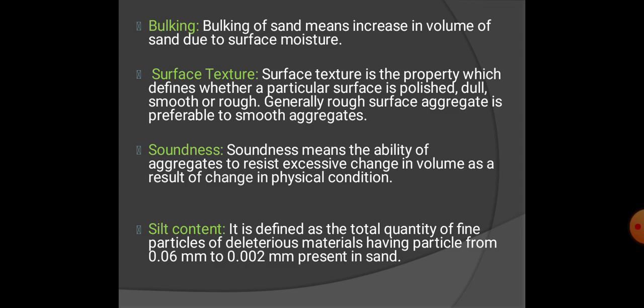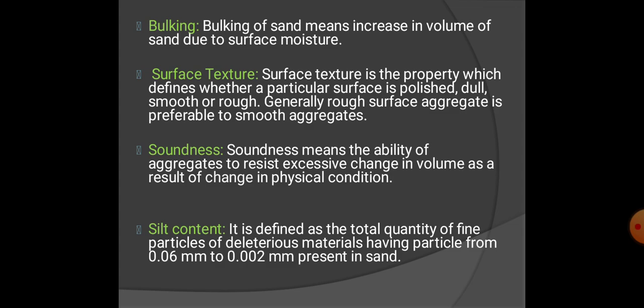The concrete mix design may go wrong, so sufficient extra sand is always added to compensate for this swelling, when the bulked sand returns to its normal state. So this bulking of sand is a separate phenomenon.